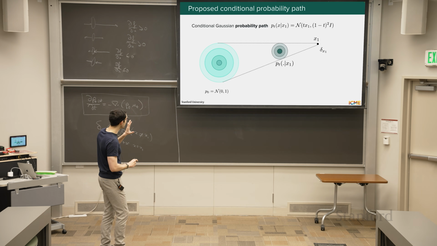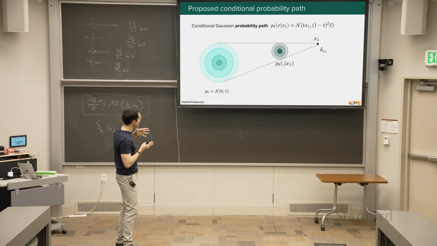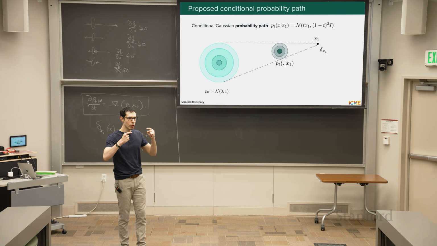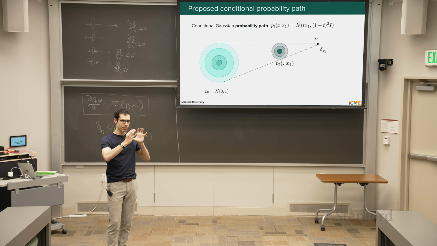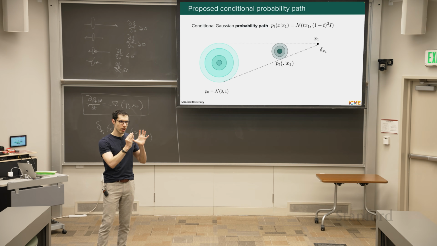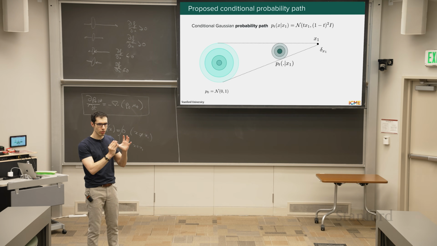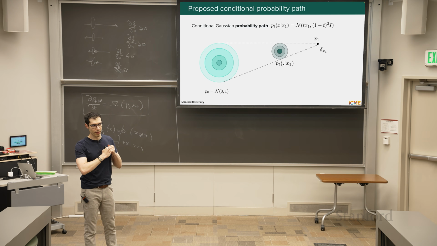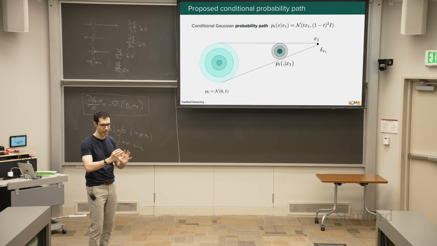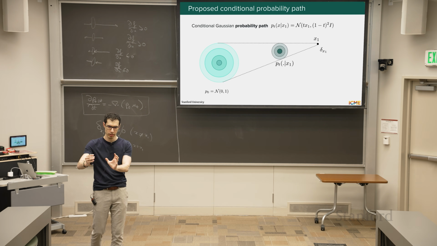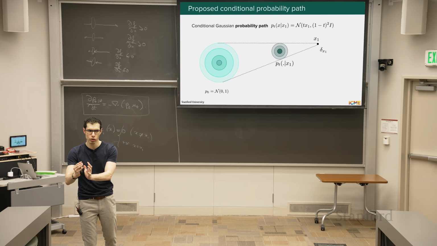So how about we think of the way we want to go from 0 to the point by taking our normal distribution of mean 0 and variance identity, and how about we just scale it down, and then move it towards x1 until it becomes just that point.